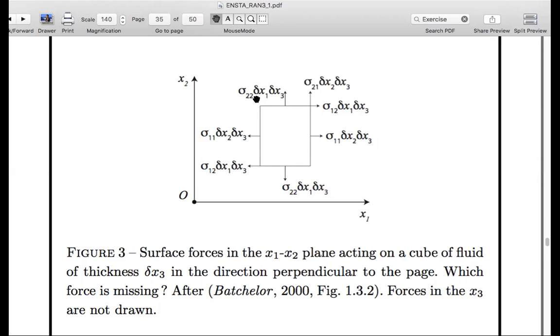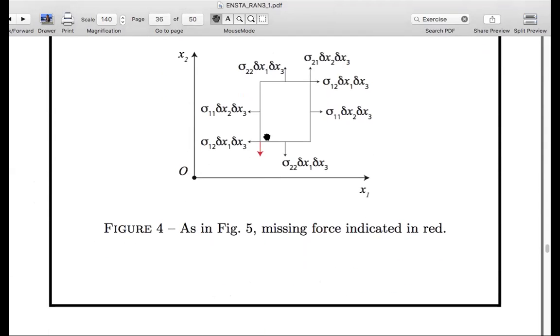Should it go up here? No, it should go down because its normal is in the minus x1 direction. So it should point down here. So that's the arrow I missed. But now I've left out the label for you. Can someone tell me the symbols? What stress tensor component do I need?